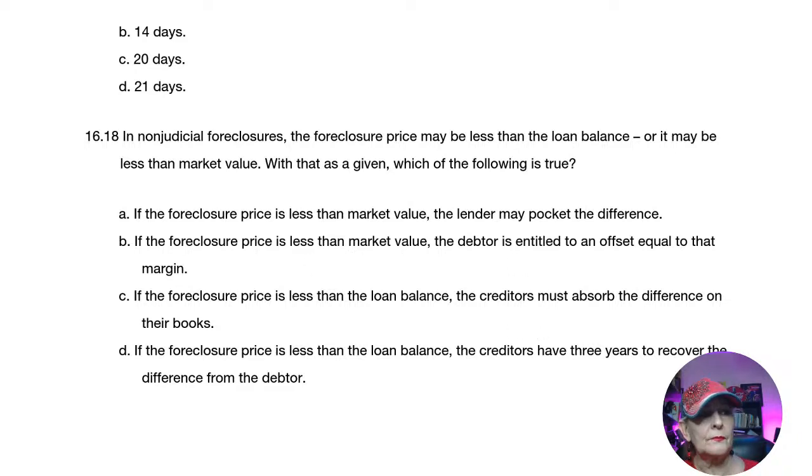Or if it's above the loan balance, then the borrower gets to get the difference of what it sold for after all the expenses, and they may get some back. But if it's below the loan value and below the market value, they may have to pay a difference, a deficiency, to the lender.